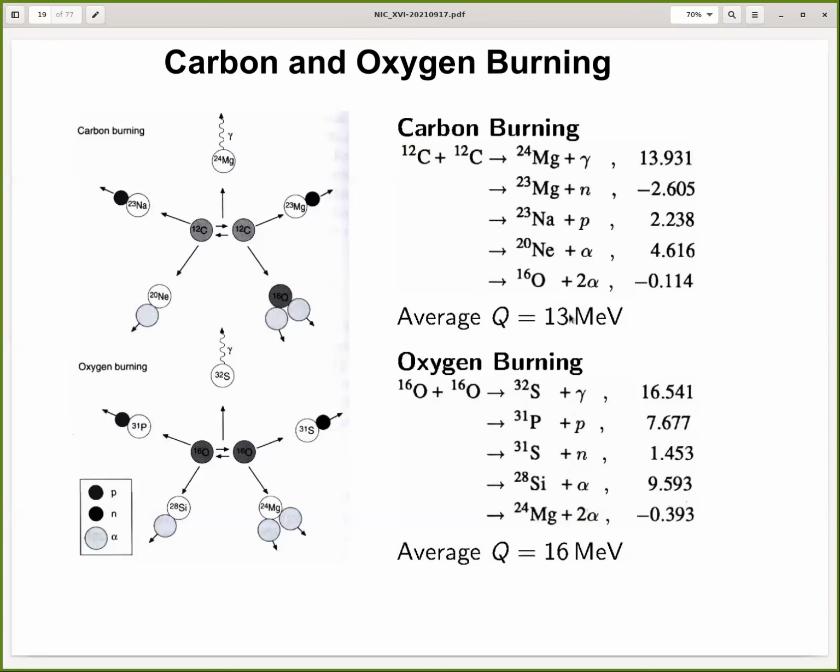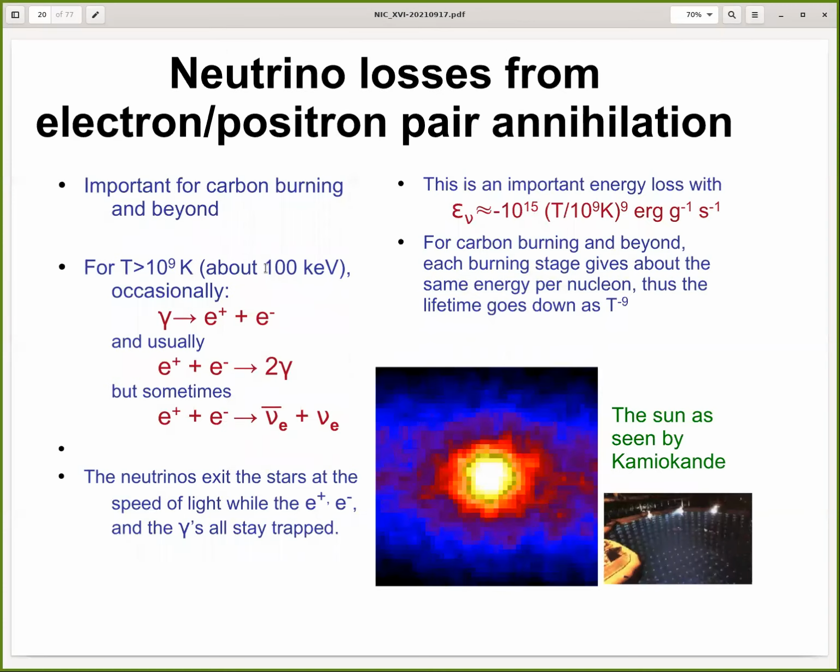What happens is that the star starts getting hot enough, at around 1 billion Kelvin, that photons can make electron-positron pairs. Usually these electron-positron pairs annihilate again to make two photons coming back out, but not always.